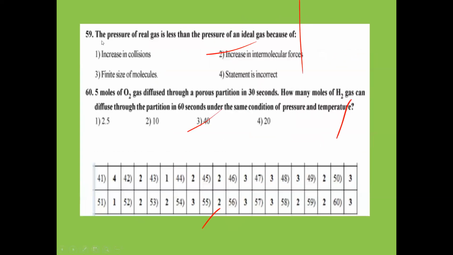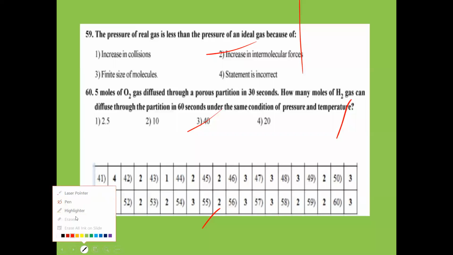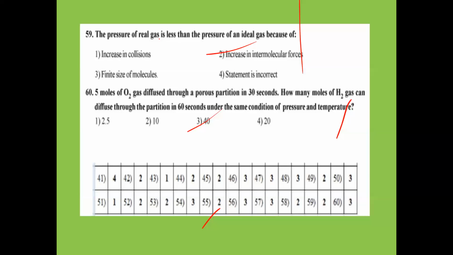Next. The pressure of a real gas is less than the pressure of an ideal gas. Generally, the pressure of a real gas will be less than that of an ideal gas. Why? In an ideal gas, the molecular interactions are negligible.